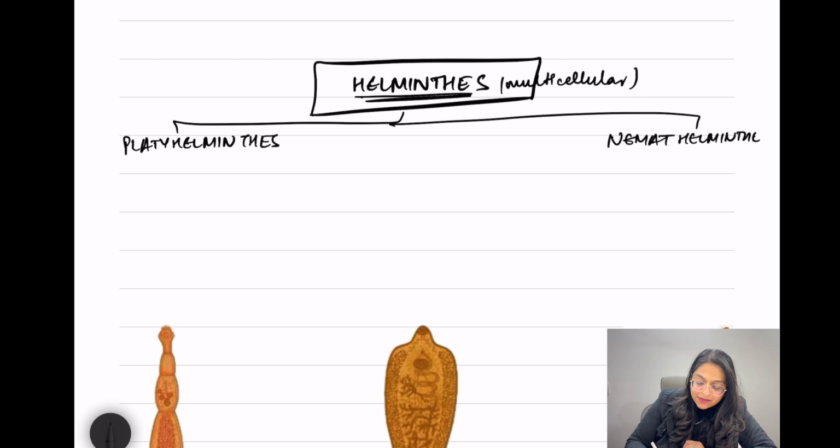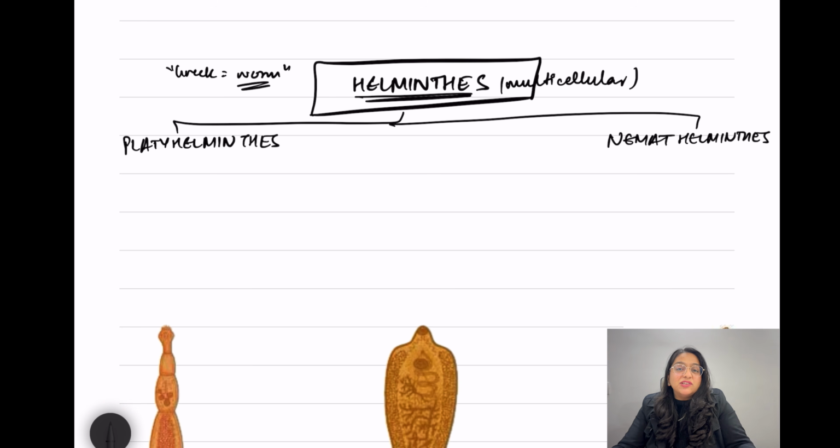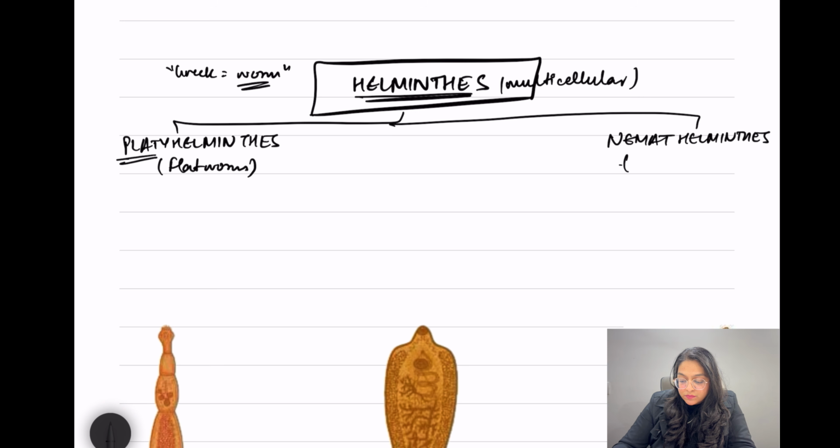Helminth is the Greek word for worm. So all the typical worms we can imagine, the round, squiggly roundworms, are helminths. Helminths include all the worms, while protozoa include the unicellular parasites. Platy means flat, so platyhelminthes are the flatworms, and nemathelminthes are the roundworms.